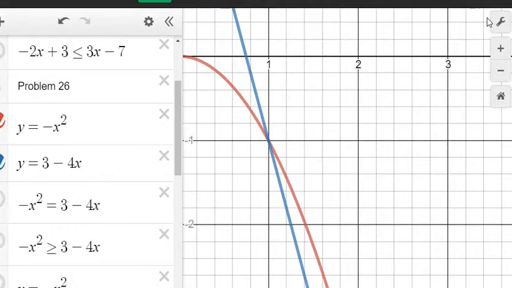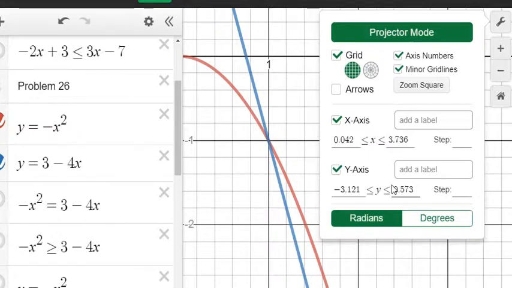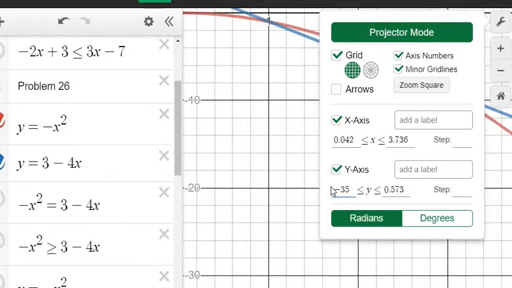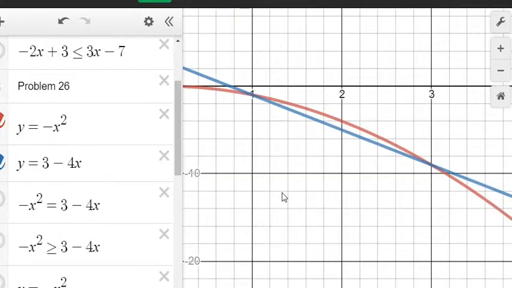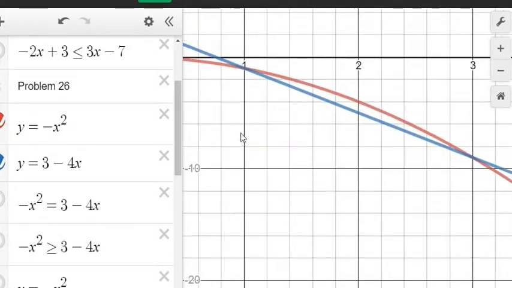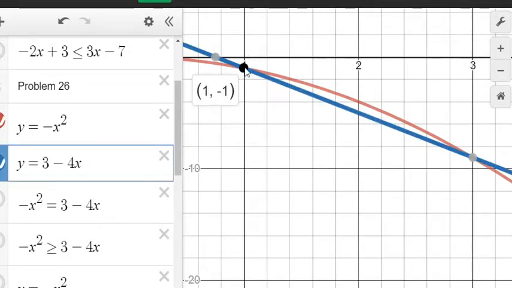Let's go to Tools here. On the y-axis, I want to go down to negative 35. Does that take it out of focus? No, we're okay there. So negative 35, that should be pretty good. We can see where they cross. There's a point at x equals 1 and a point at x equals 3. So, yay.